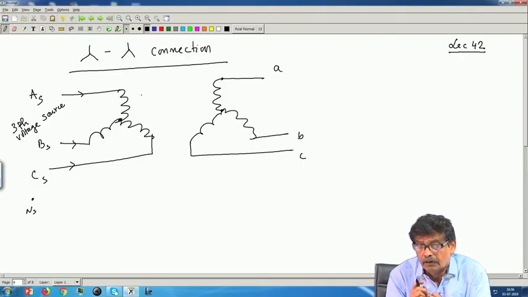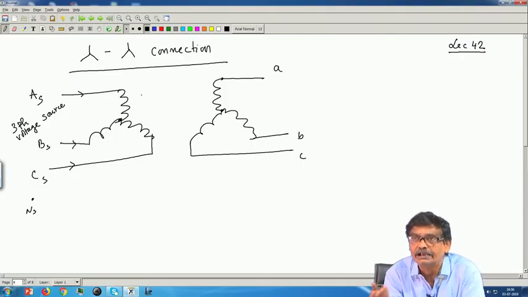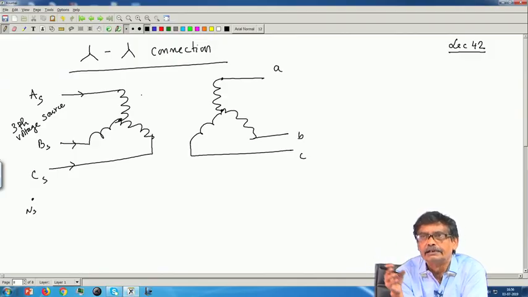I want only 50 hertz voltage to be generated in the secondary coil. I do not want third harmonic voltage coming across the secondary and creating problems for the load. I want a 50 hertz supply for the load.